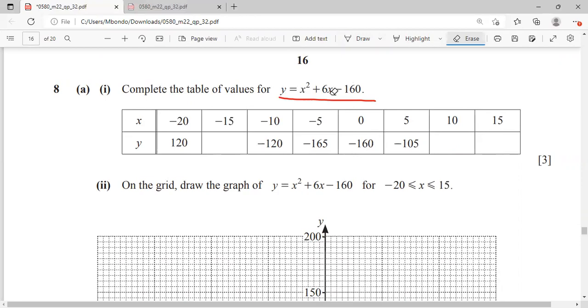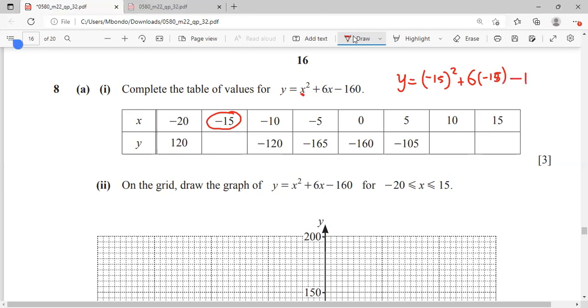All you need to do is, since we know what the x coordinate is, we want to find the y coordinate. So we're going to say y equals x squared plus 6x minus 160. What is our x coordinate? Our x coordinate is -15. So we're going to say (-15) squared plus 6 times (-15), minus 160.